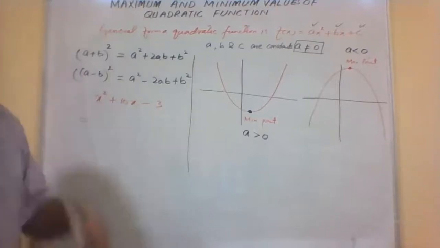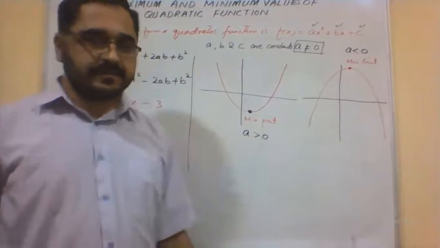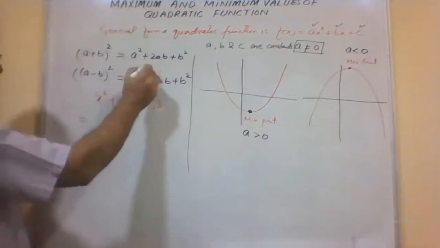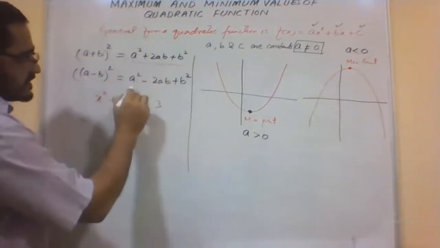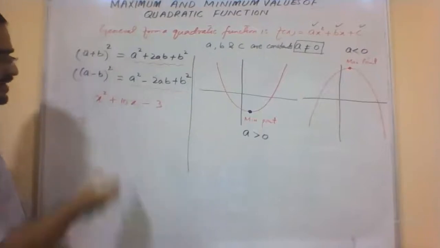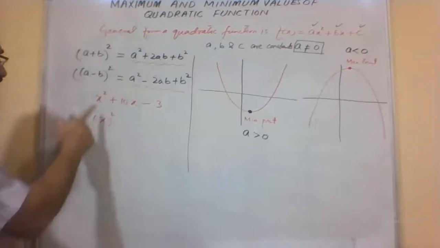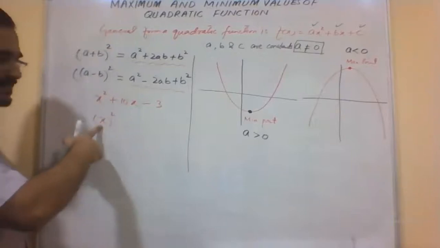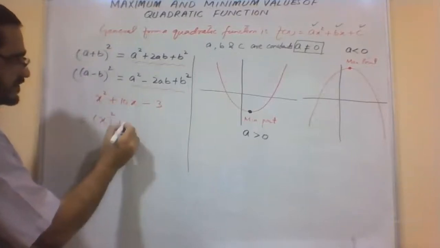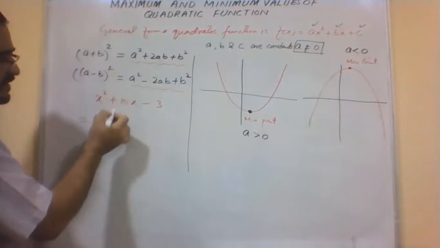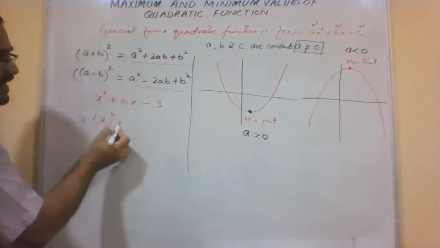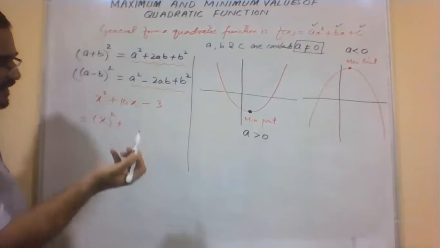How can we make the perfect square here? As a square is already here, x square, at the place of a we are taking x. Then if there is a positive sign, you can take plus; if a negative sign, you can take minus.